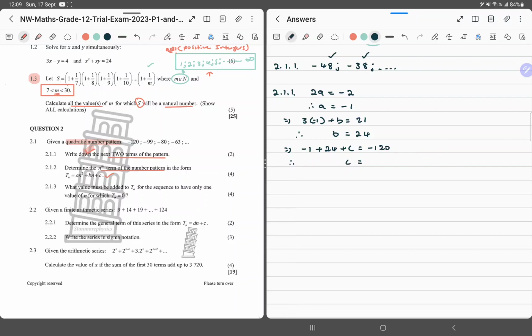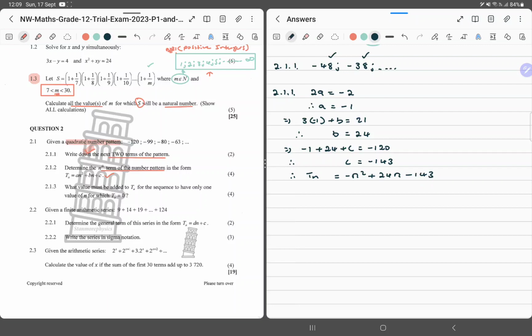Therefore, our c is going to be minus 120 minus 23. So this is minus 143. Okay? Therefore, our nth term is going to be minus n squared plus 24n minus 143.